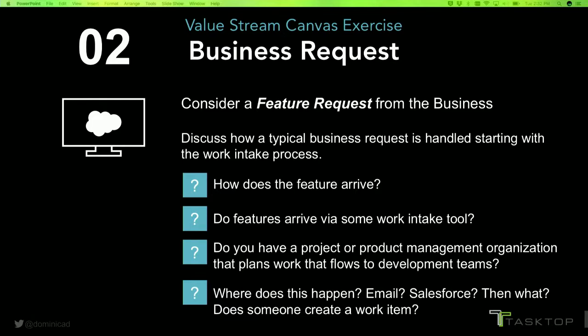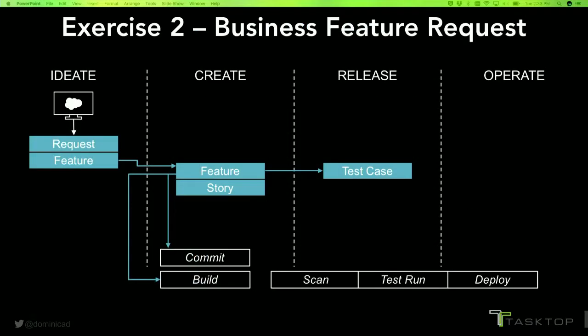And where does that happen? What about work that comes in from Salesforce? Then what? It's the same thing, where you would draw your, usually we'll use ideate, create, release, and operate, but whatever terminology you use in your workplace, and just show how typical business requests flow through, starting at the very beginning, and how does that feature arrive and what happens next.